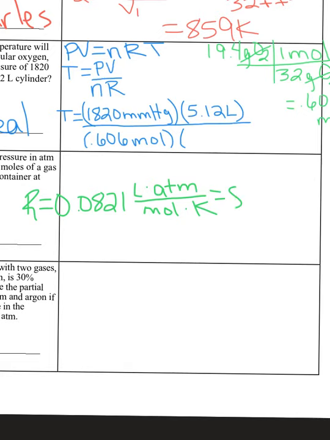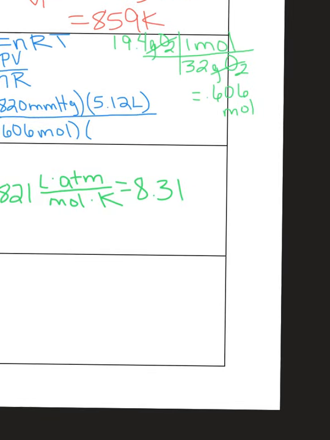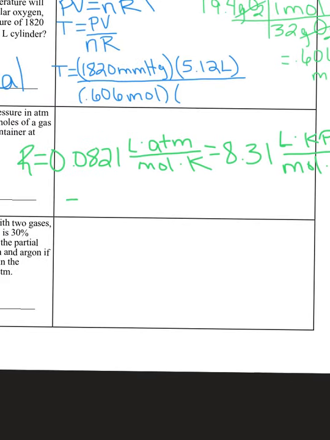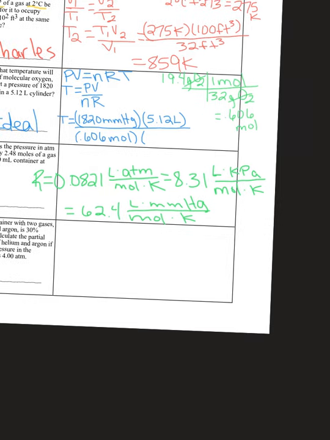It gives us 8.31, and then the unit for that one, liters times kilopascals over moles times Kelvin. Then it gives us another one, 62.4. Then the unit for that, liters times millimeters mercury over moles times Kelvin. So we have all of these values of R to choose from.